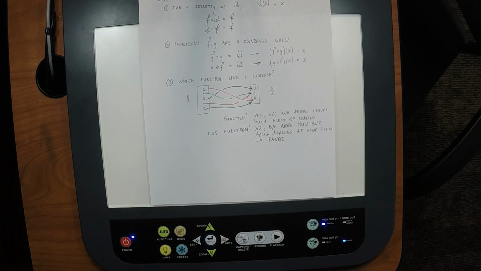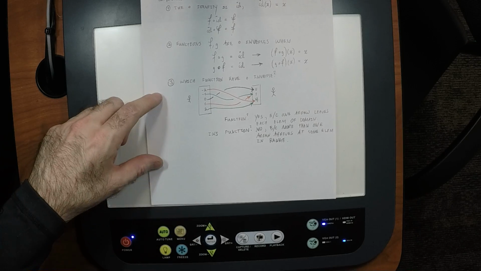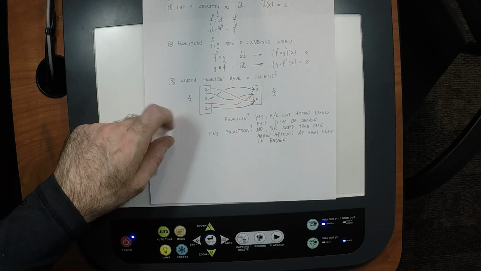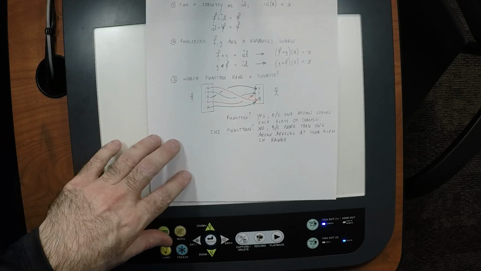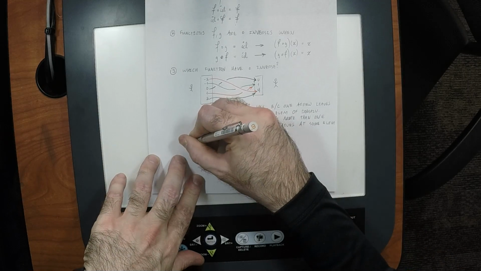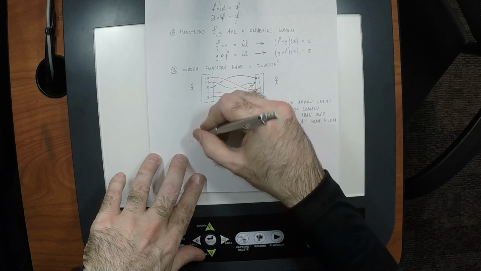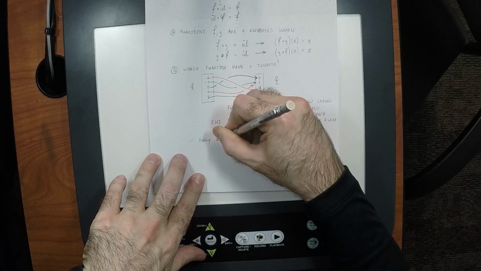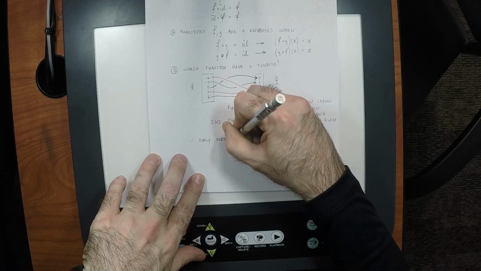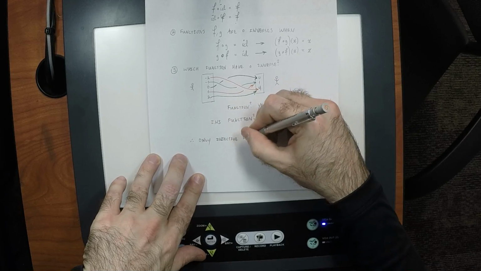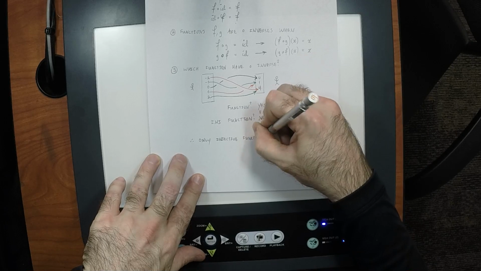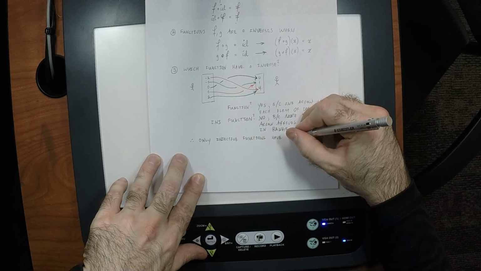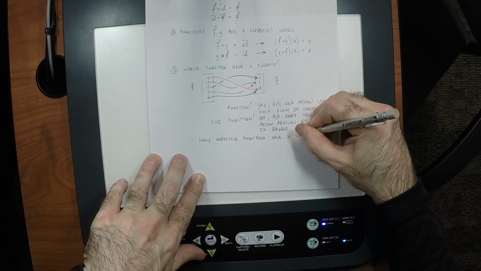What kind will have a compositional inverse? Right. So therefore, only injective functions have a compositional inverse.